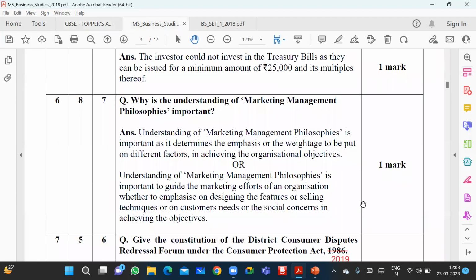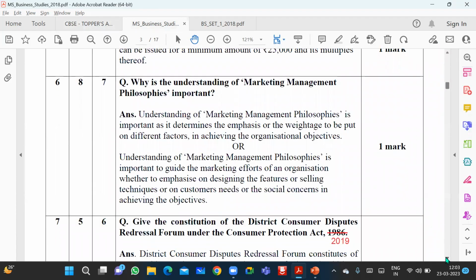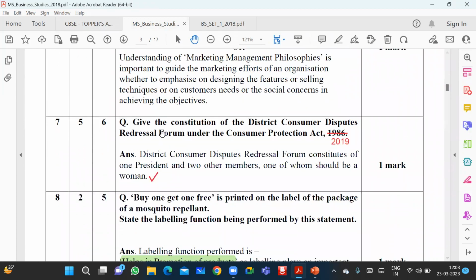Now coming to question number 7. Give the constitution of the district consumer dispute redressal forum under the Consumer Protection Act. Now it is 2019, so I have changed the year, and the constitution, that is the number of members, has not changed, whether it was the 1986 Act or the 2019 Act.